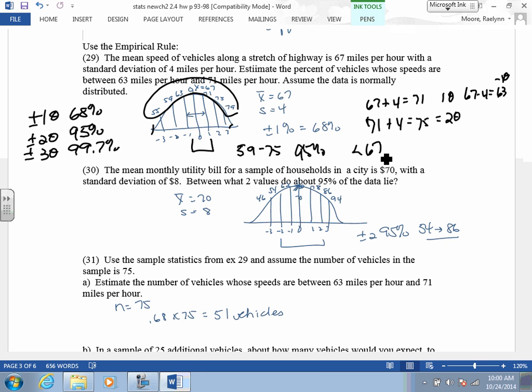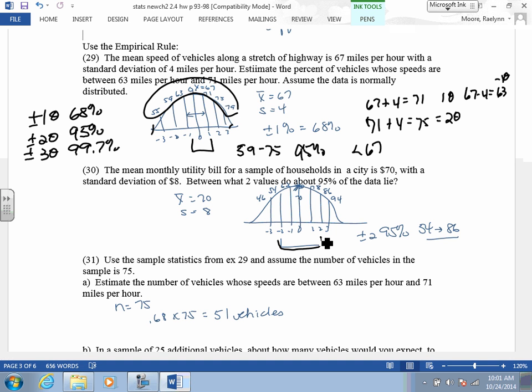Okay, 30. Same situation, but they asked it the opposite way. They gave you the mean, they gave you the standard deviation, and they said between what 2 values does 95% lie? That's your plus or minus 2. On the chart I gave you, you have more detailed percentages. So if you went to plus or minus 2, and you started with your 70, add your 8, subtract your 8.